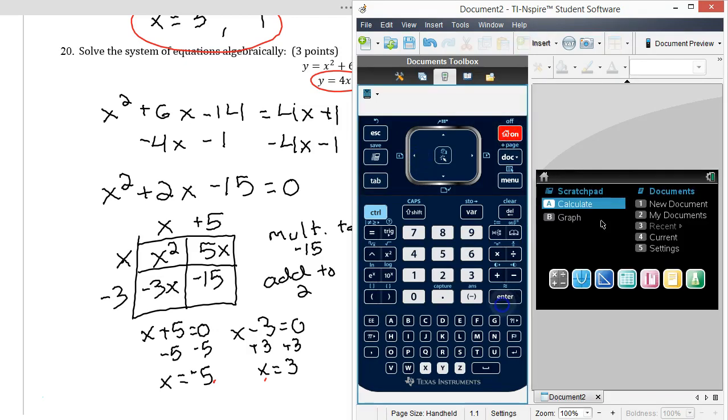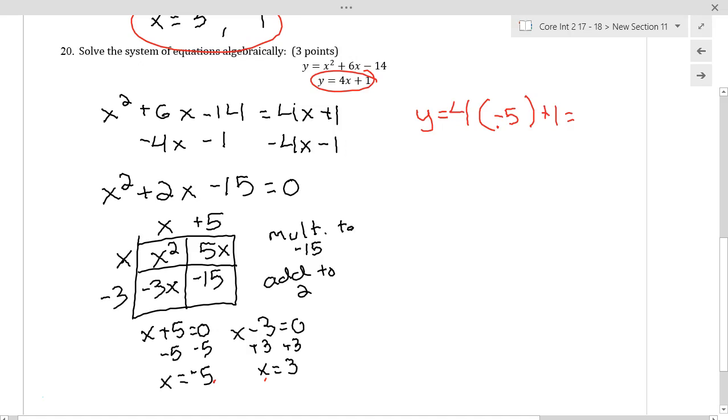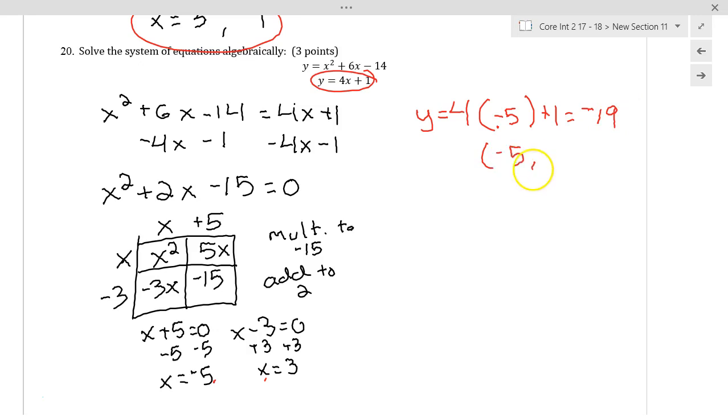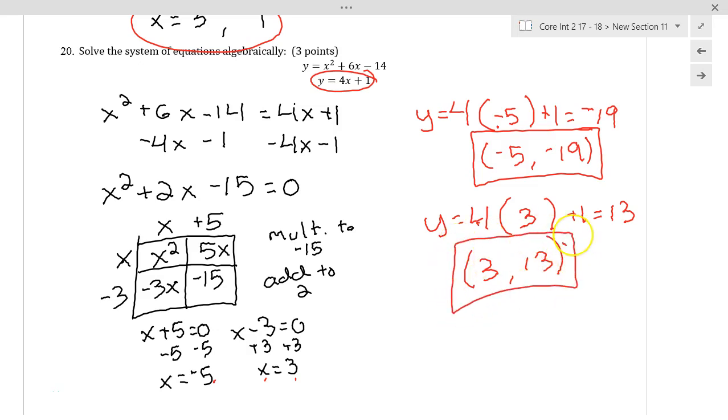You can also type it in your calculator, exactly how it's written. 4 times negative 5 plus 1, negative 19. So that's my first point, (negative 5, negative 19). I still need to find my second point. y equals 4 times whatever x is plus 1. I got 3 here. 4 times 3 is 12, plus 1 is 13. So (3, 13). So again, 2 answers there.